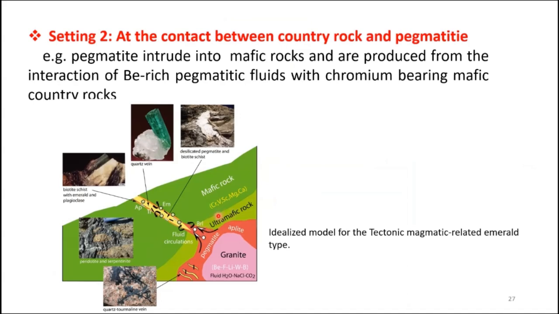Some other materials or elements come from the ultramafic or mafic rocks, or the country rock, towards the contact. At the contact, some unusual, very rare minerals can occur due to mixing of those different chemical compounds.